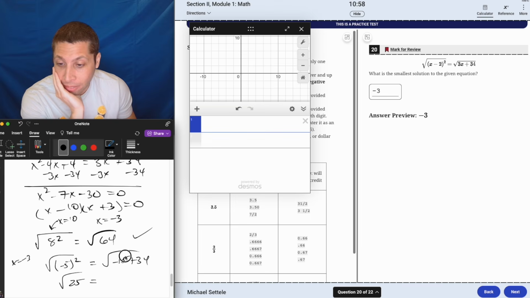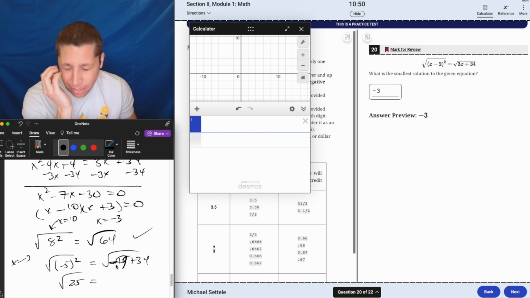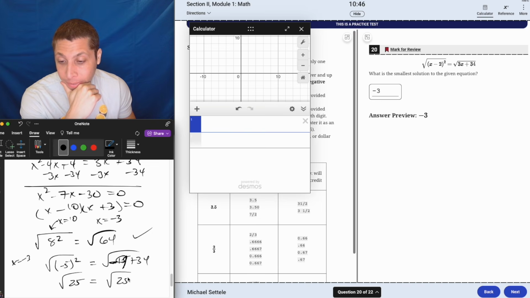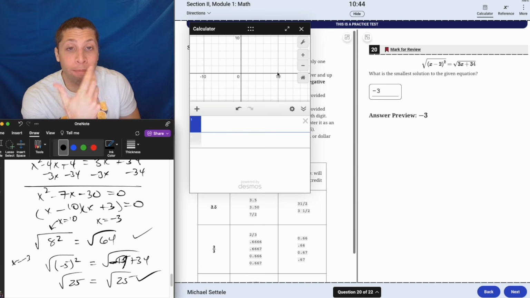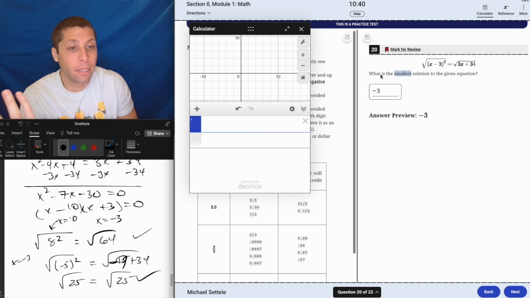I don't know what I'm doing. Negative 9 plus 34. This is why you don't do algebra. Look at that. Complaining about not knowing your multiplication tables. I plugged in the wrong thing in my head. 34 minus 9 is 25. Yeah, good. So smallest number, right? Negative 3. So if you put 10 here, you got to just read the question.